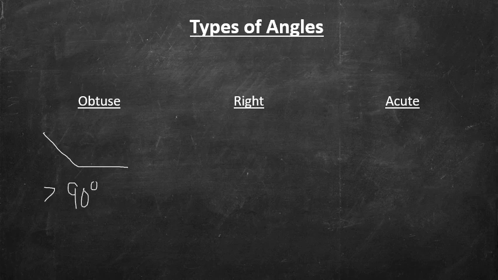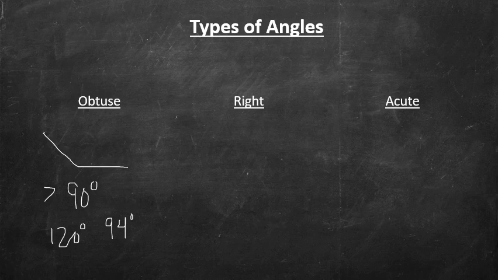So for example, if I have an angle that may be 120 degrees, or an angle that may be 94 degrees. These are all obtuse angles because they are more than, greater than 90 degrees, okay?